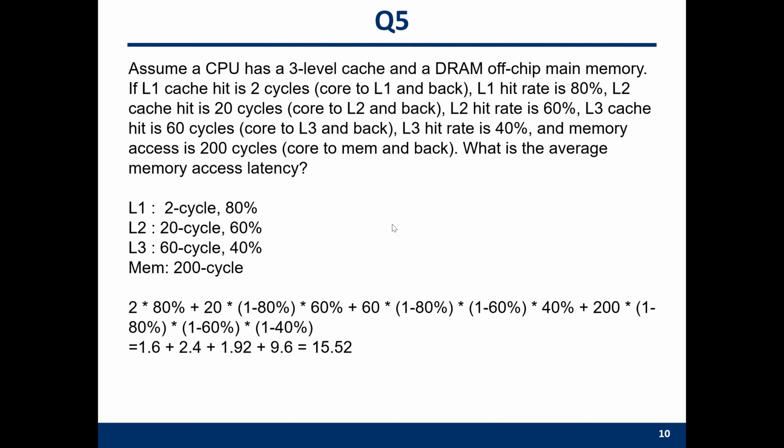So totally there are 4 components. You can see that eventually we sum these 4 components to get the average memory access latency. I write 4 lines here to indicate the 4 components.